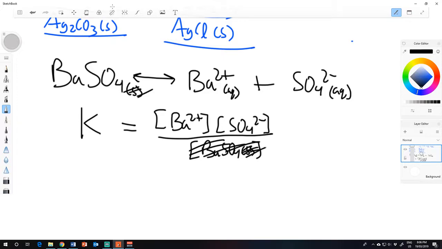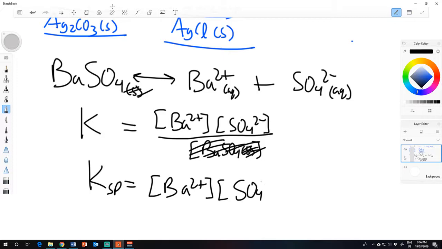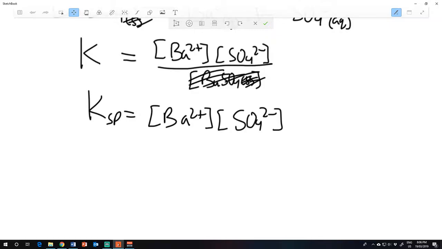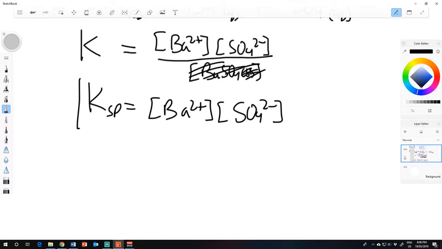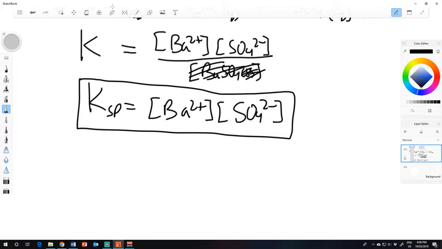So the KSP expression just becomes Ba2+ times SO4 2-. And there you go, this would be the equilibrium expression. It's actually quite a bit easier than the KEQ equations we were working with in the previous unit, because the reactant can be ignored because it's just solid.